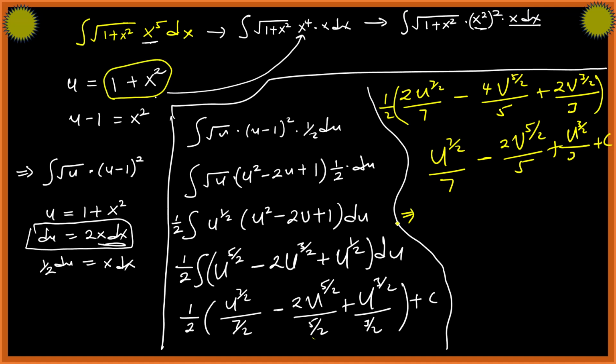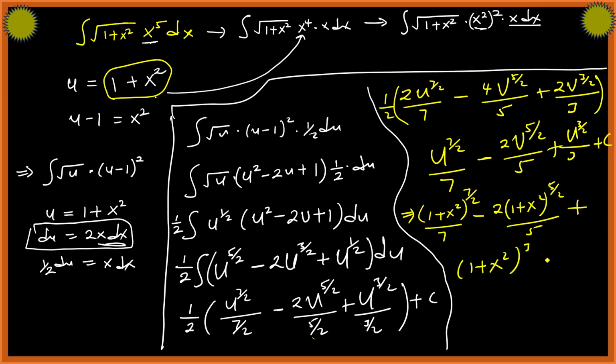So we can do the substitution. 1 plus x squared to the 7 on 2 over 7, minus, I forgot the power here, 2 times 1 plus x squared to the 5 on 2 over 5, plus 1 plus x squared to the 3 on 2 over 3, plus c. So that is the result.